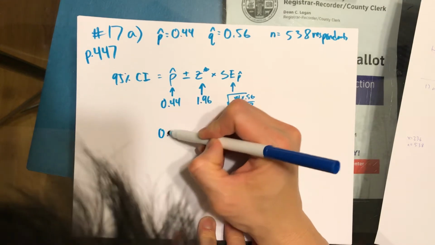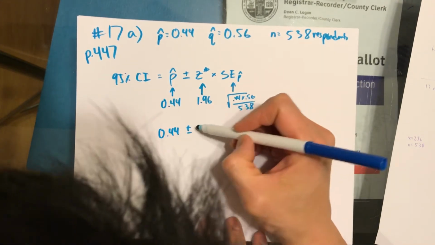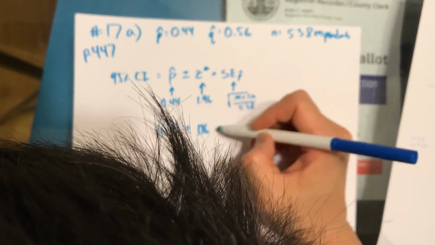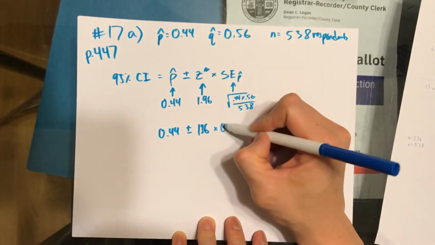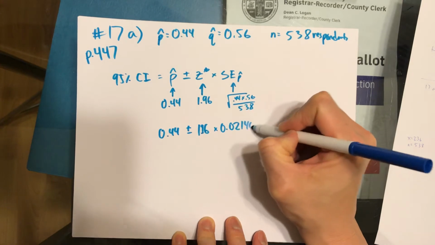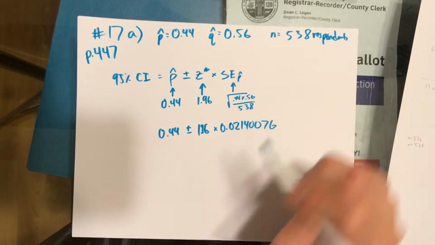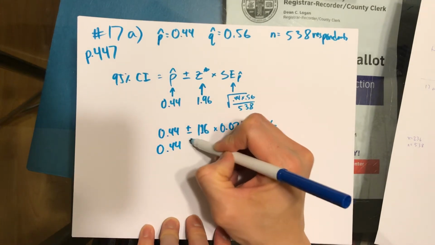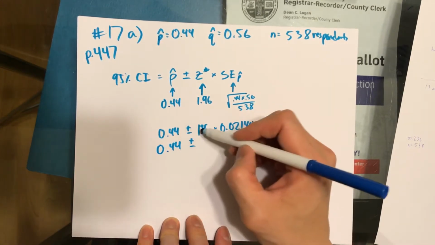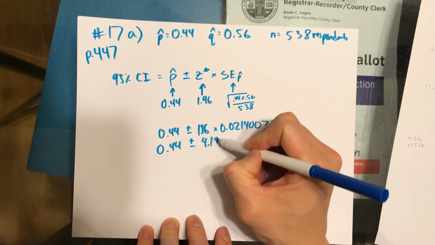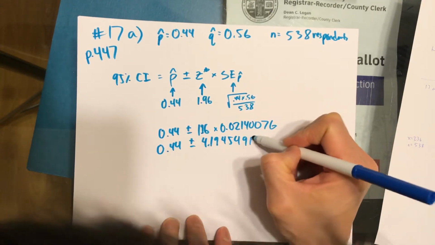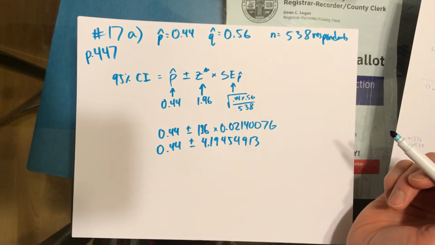So this is 0.44 plus or minus 1.96 times 0.02140076. I'm just gonna keep the digits right there. And 0.44 plus or minus, you multiply that out, you get 4.19454913. Okay.